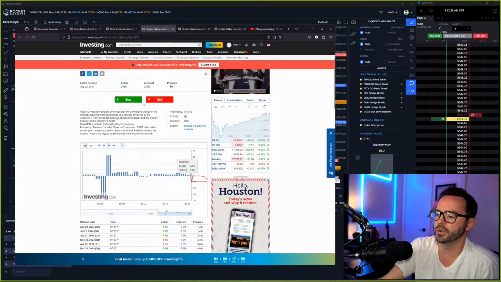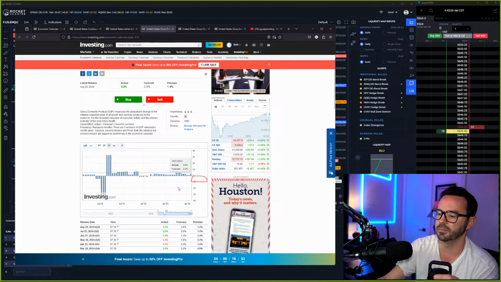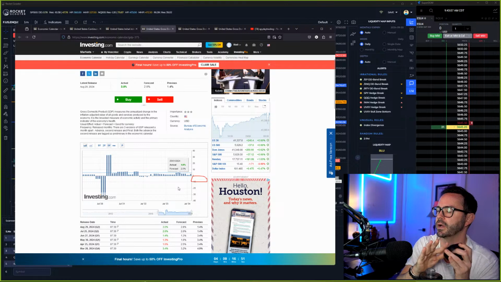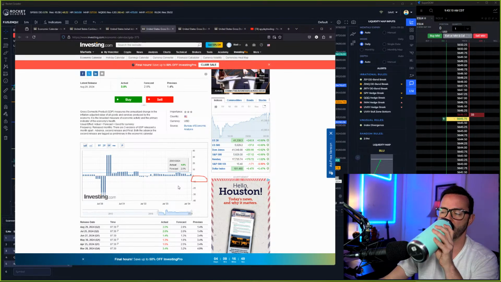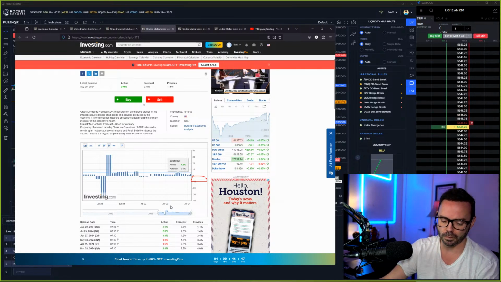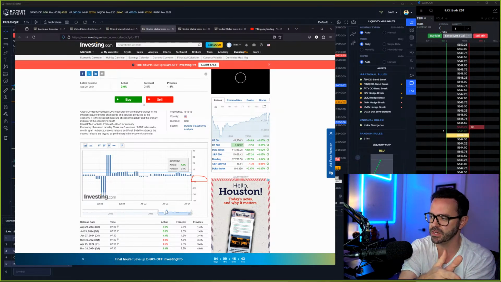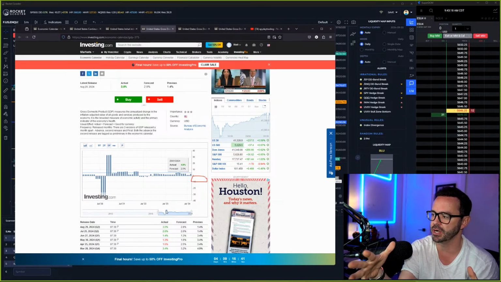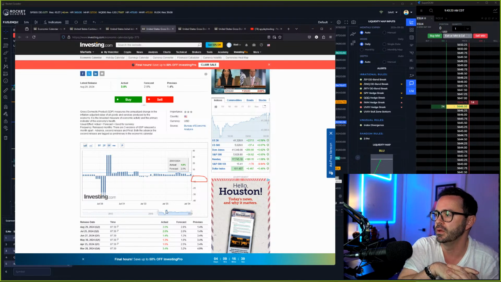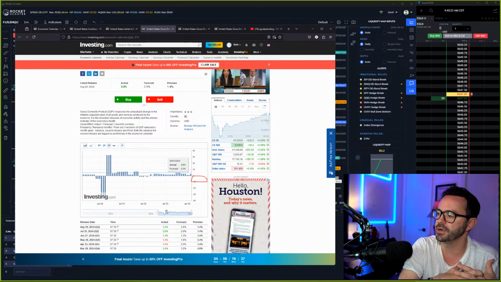GDP quarter-over-quarter growth came in at 3% on a 2.8 forecast, which is good. Anytime your GDP quarter-over-quarter growth is positive, you tend to be in a growing economy, and that's pretty good, right? When you hire somebody, it takes like 3 to 6 months for them to become efficient at their job and basically contribute their salary to a return on investment of the employer, basically to increase GDP or increase the production of the company and make the company money.